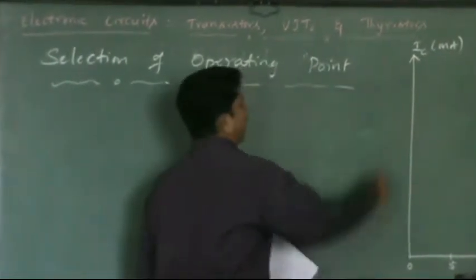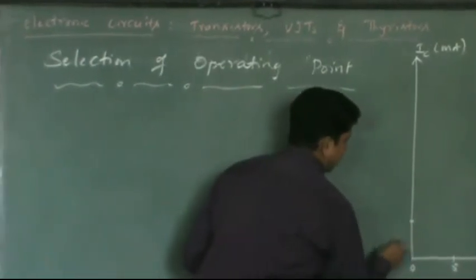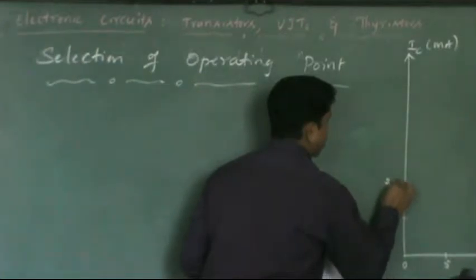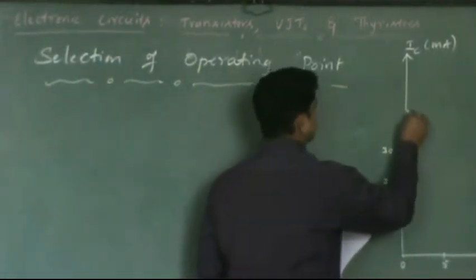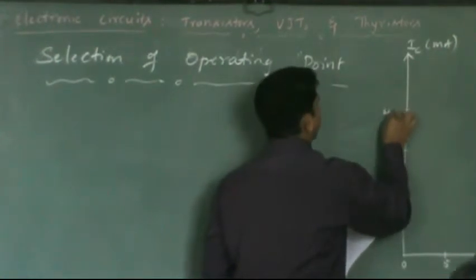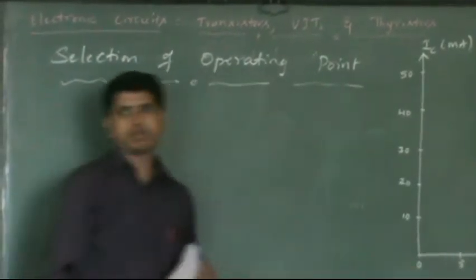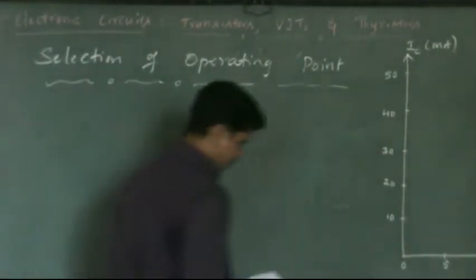The y-axis is going to be collector current, which is in milliamperes. We take it in steps of 10 milliampere, 20 milliampere, 30 milliampere, and you can go up to 40 milliampere, 50 milliampere. That's going to be the y-axis, IC in milliamperes.